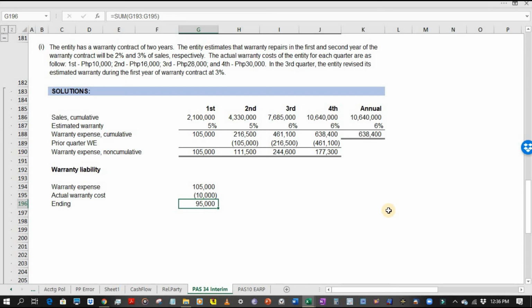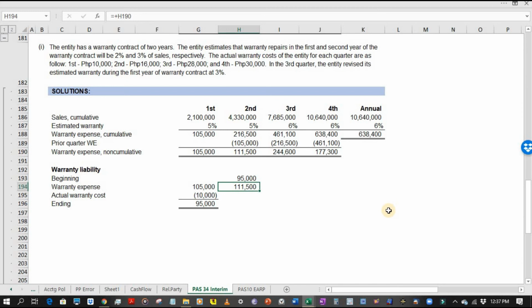Then for the second quarter, in the statement of financial position, as of the end of the first quarter, we have an estimated warranty liability of 95,000 pesos. Then in the second quarter, we will start with a beginning balance of 95,000 pesos. And we have recorded a warranty expense for the second quarter, which is 111,500.